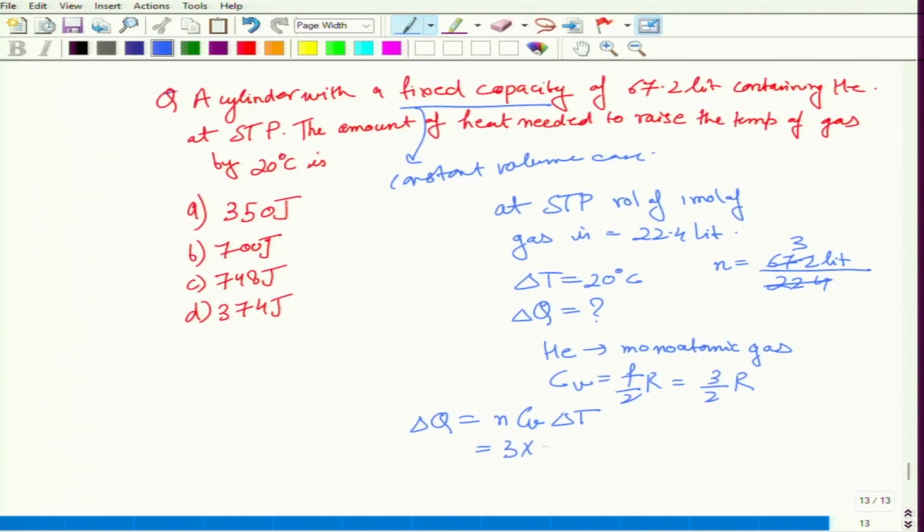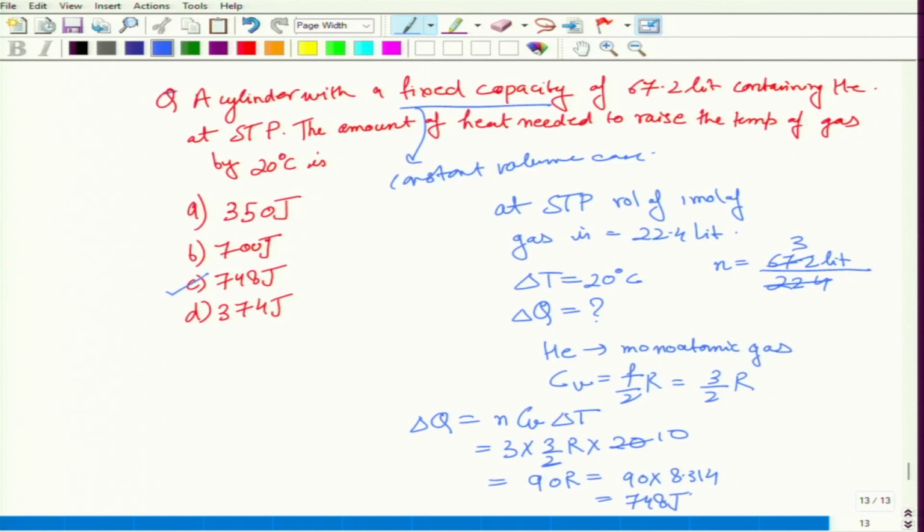So 3 into 3 by 2 R into delta T, which is 20. So what we get is 90 R, that is 90 into 8.314, so it comes to be around 748 joule.